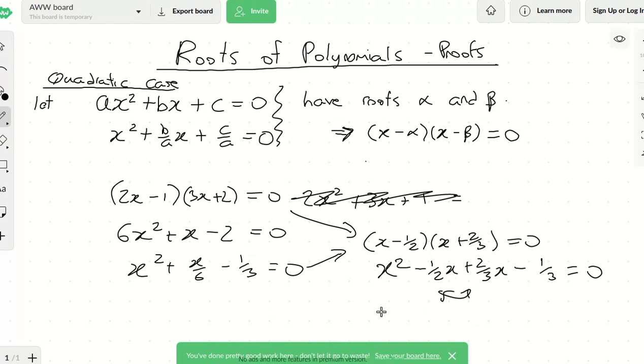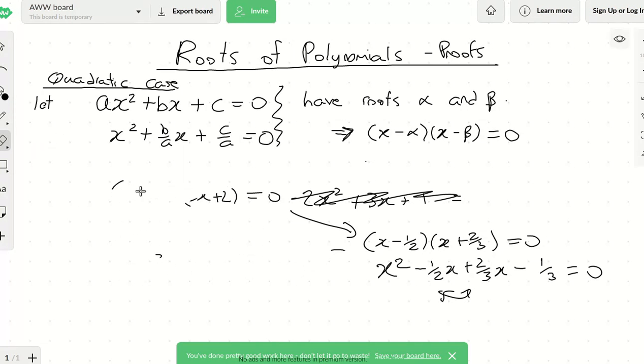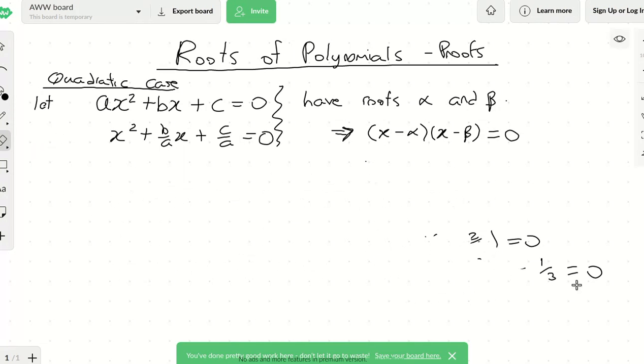You do get positive 1/6. So do you see what I mean? You can always write any quadratic with just a leading coefficient of 1. And that is the trick, really, in this roots of polynomial proof. So I've gone on a slight little tangent there just to demonstrate that you can definitely always write it like this. Well, there was a really good reason for that, because now the proof is going to be easy.